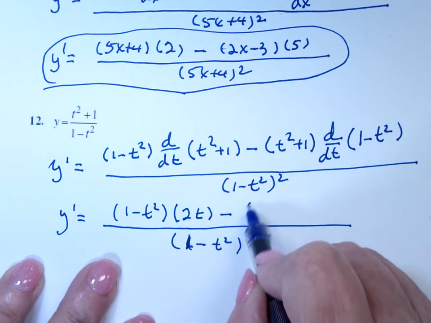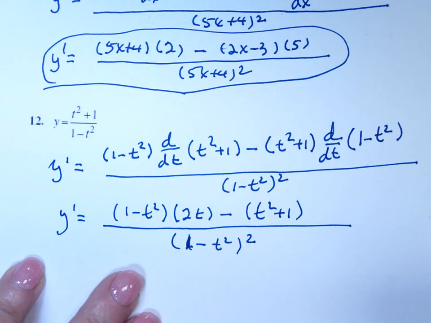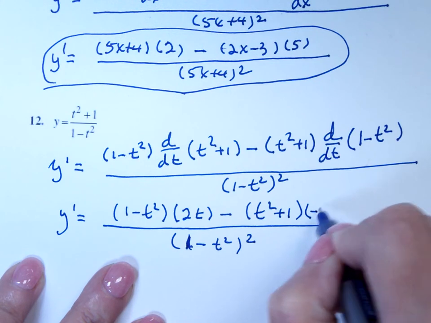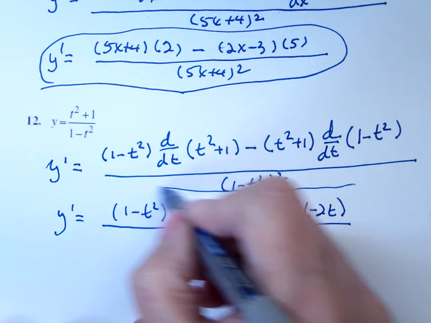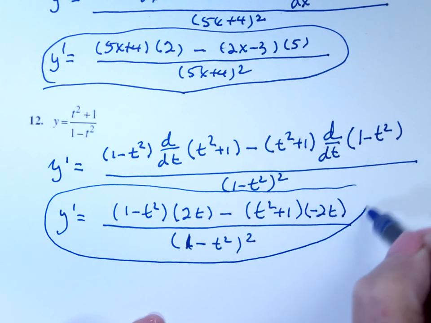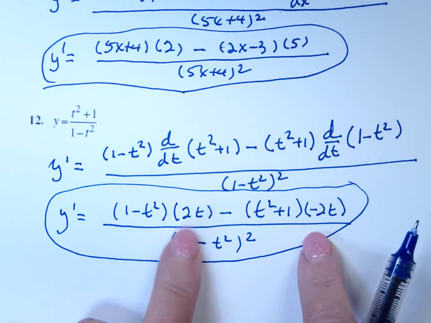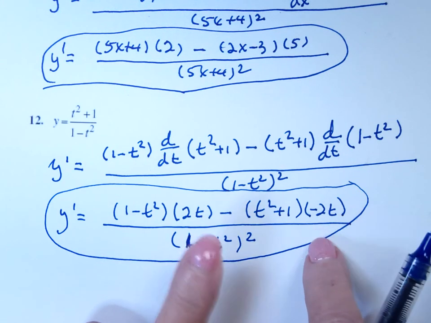Minus t squared plus 1, and what's the derivative of 1 minus t squared? Negative 2t. That's where you'll leave it. What you'll notice, however, is that there's a greatest common factor of 2t. If I had to simplify it, I'd first factor out the greatest common factor of 2t. But we're not going to simplify.